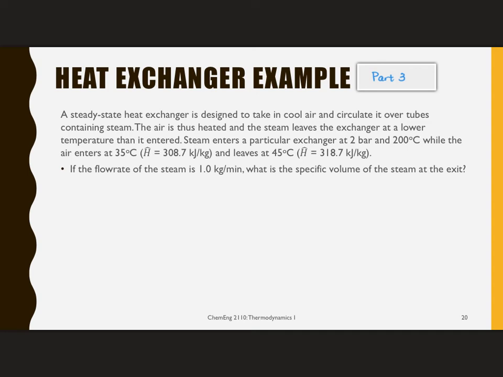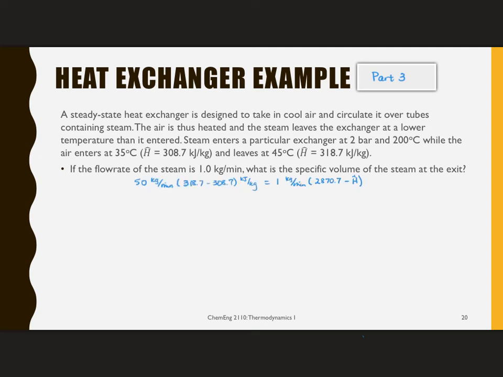Now we have one more portion of this. We want to look at what happens if I fix the flow rate of steam to 1 kilogram per minute, then what's the specific volume of the steam at the exit? Fixing the flow rate of the steam is going to change the state of the exit. So let's write our energy balance again, but I now know the flow rate of steam, but I don't know the enthalpy of the exit.